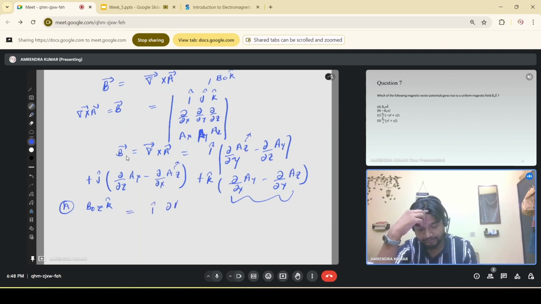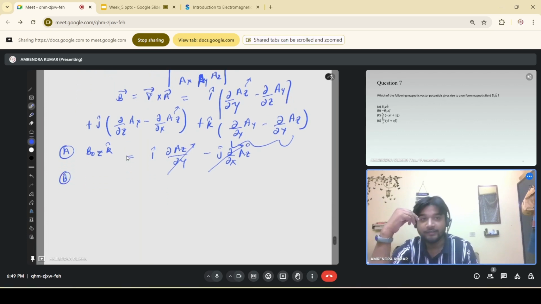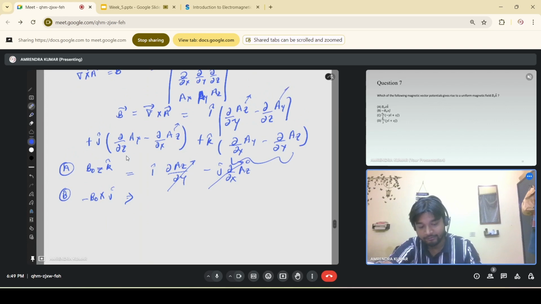So I del AZ over del Y minus J del over del X AZ. But since AZ is a function of Z only, it's going to be 0. So this is not good. Then option B, it's minus B0 X J cap. Only the AY term survives.